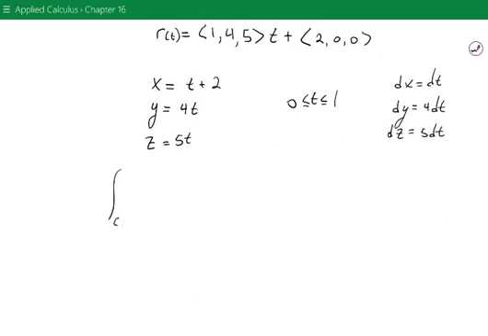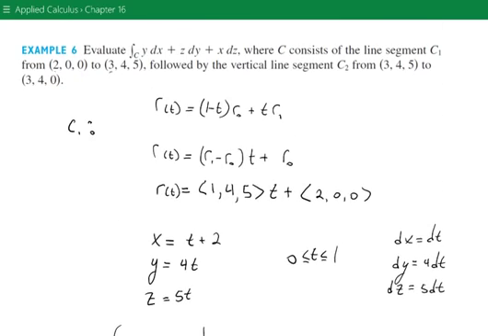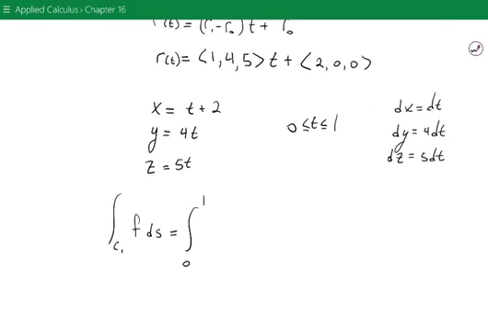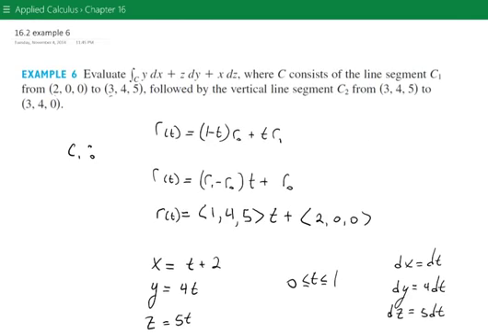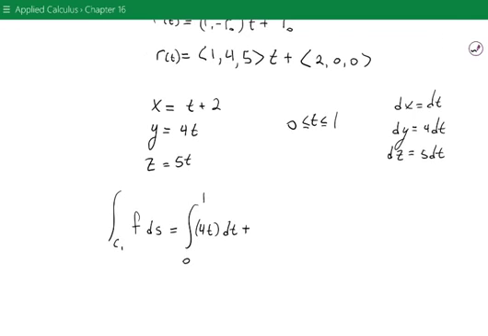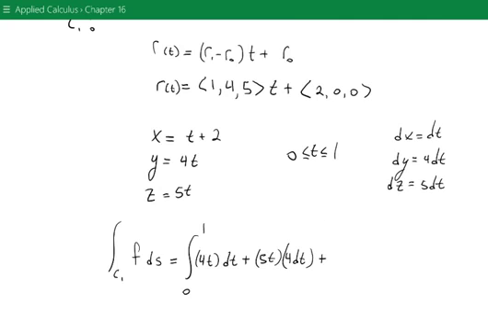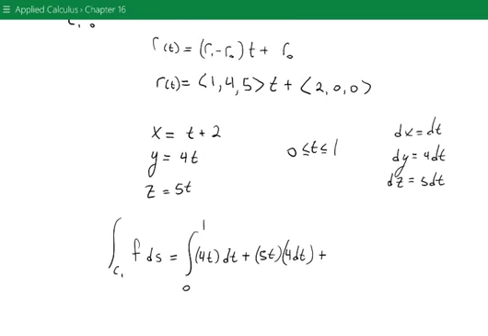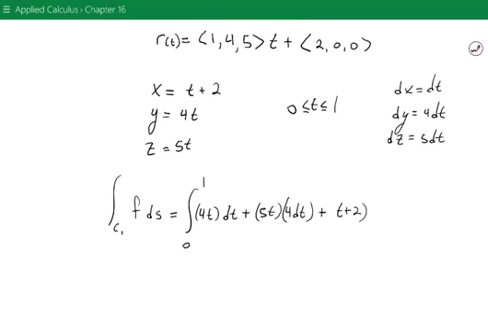So the integral over curve 1 of the function f ds is equal to the integral from 0 to 1 of, in this case it was y dx, so we're going to have 4t, dx is dt, plus z dy, so z is 5t, dy was 4 dt, plus x dz, so x was t plus 2, dz was 5 dt.